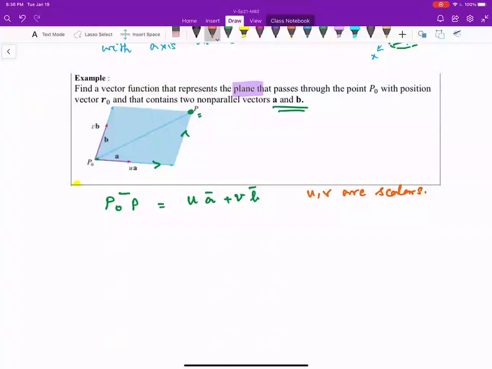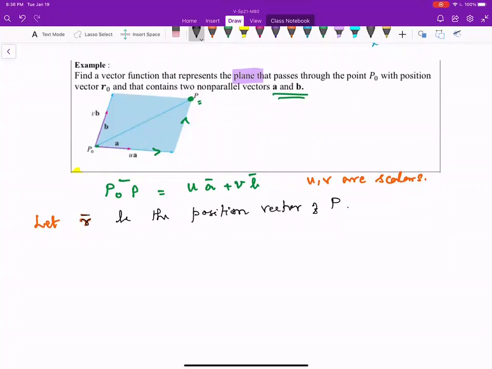Then we are going to find the position vector R for the point P. Let R be the position vector of the point P. So what is R? The vector R is the position vector of P0 plus the vector from P0 to P, by the parallelogram law.